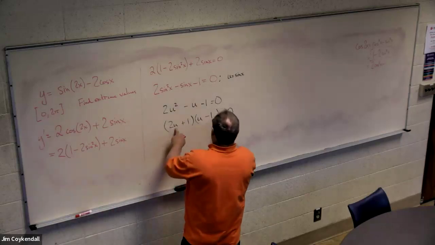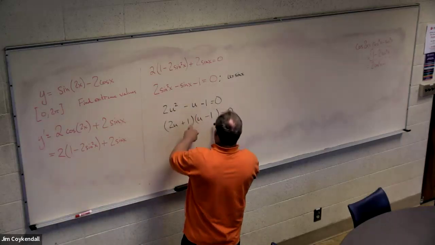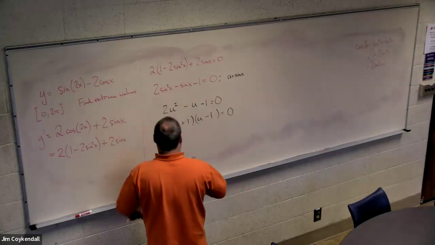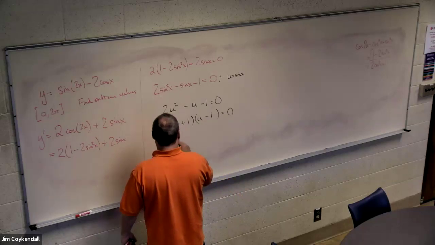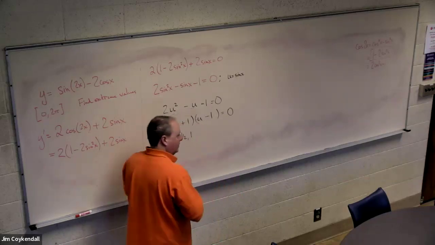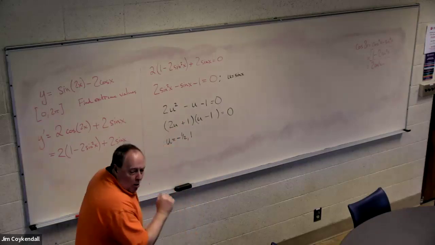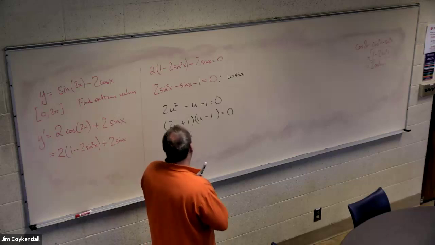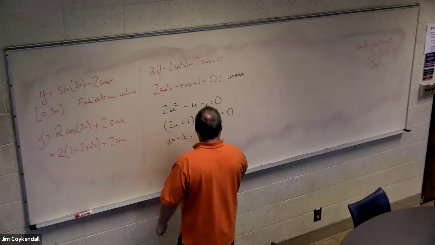So my solutions here are u is minus 1/2. Right, that's making the first one 0 and the second. And remember, u is sine x.